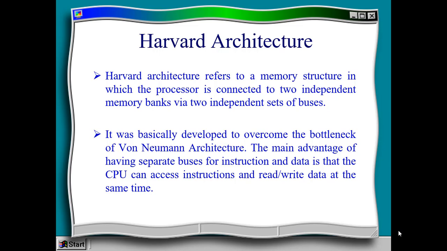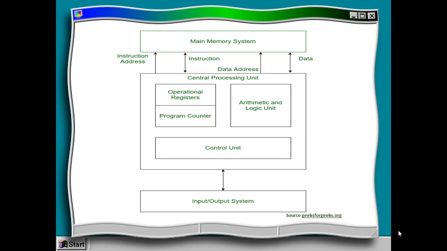The main advantage of having separate buses for the instruction and data is that the CPU can access the instruction and read or write data at the same time.